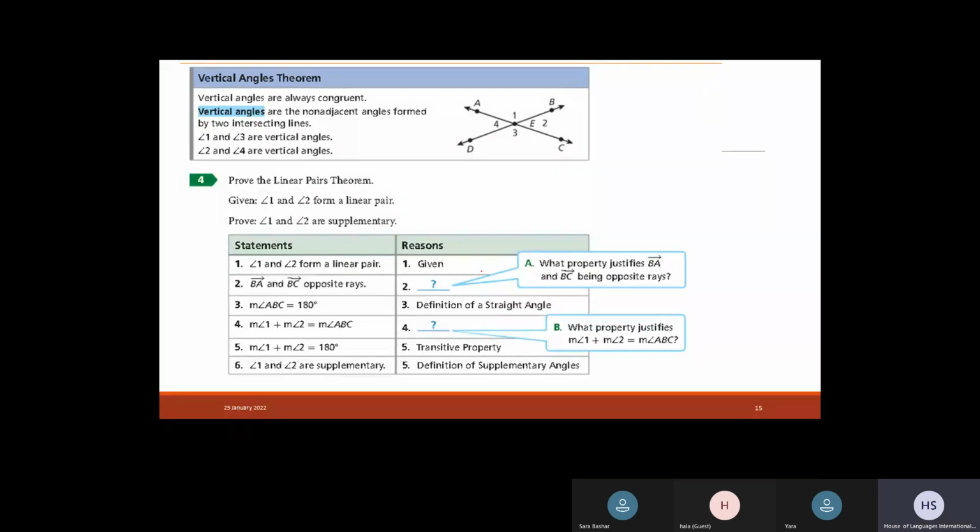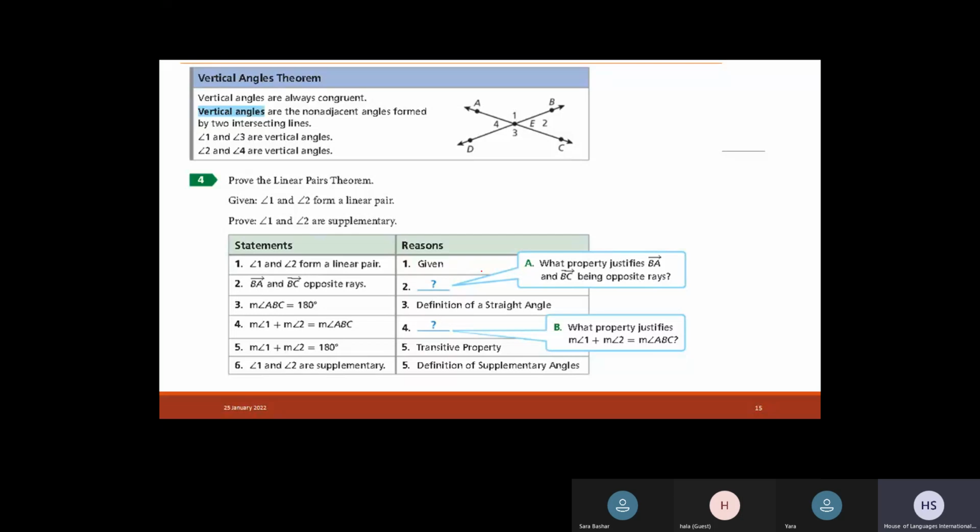Yes, they are equal angles, so they are congruent. Now, 2 and 4 are vertical angles, so they are equal. Can we say they are congruent? Why not? 2 and 4 are equal, so they are congruent.